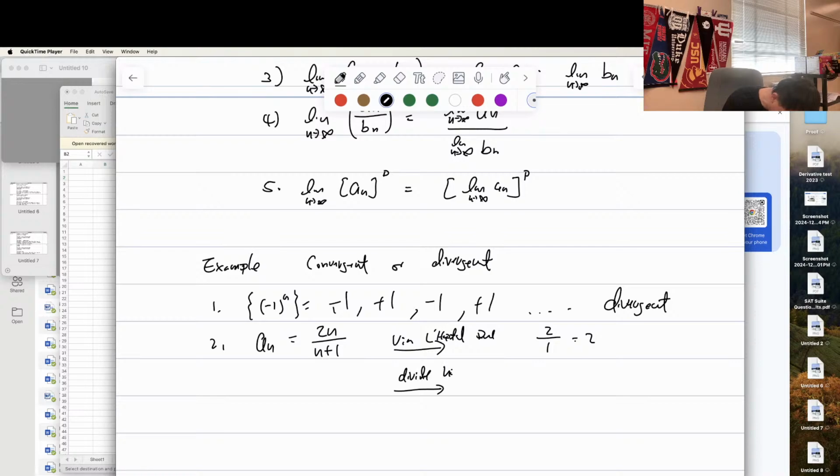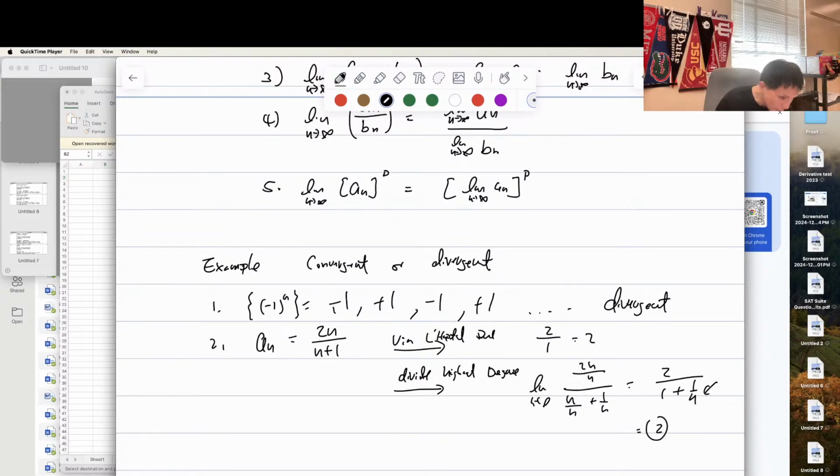You have to know both. You get 2n over n, over n plus 1 over n, as the limit as n approaches infinity. That's the horizontal asymptote way, which is 2 over 1 plus 1 over n. As n reaches infinity, this is eventually 2. So two ways to approach it. Does that make sense?